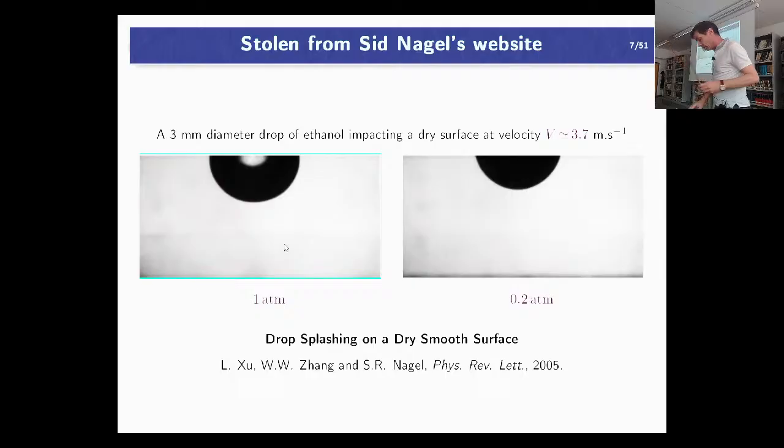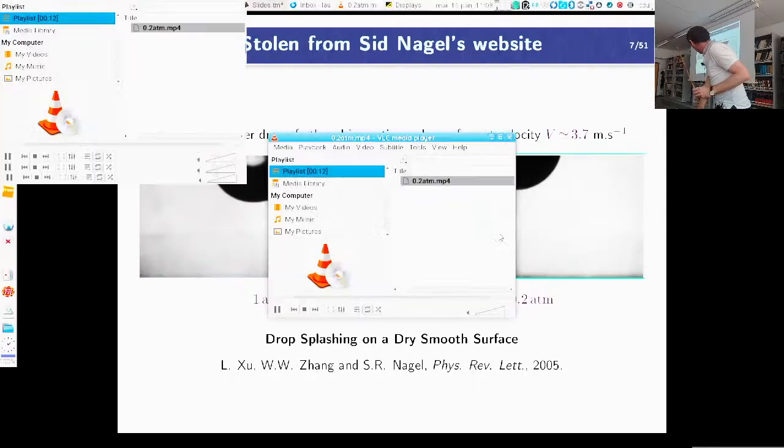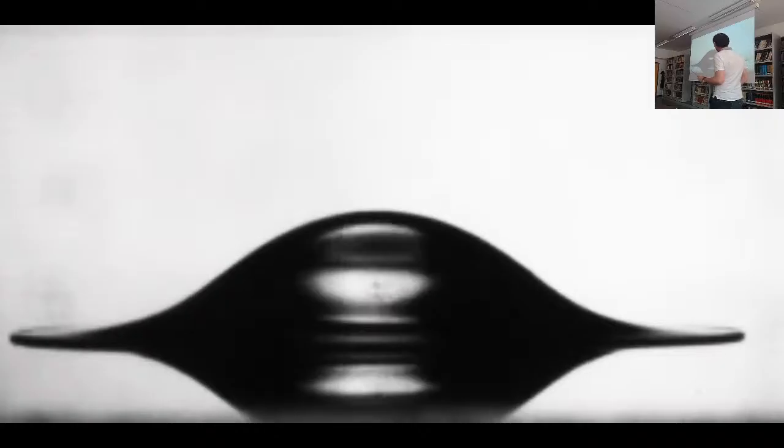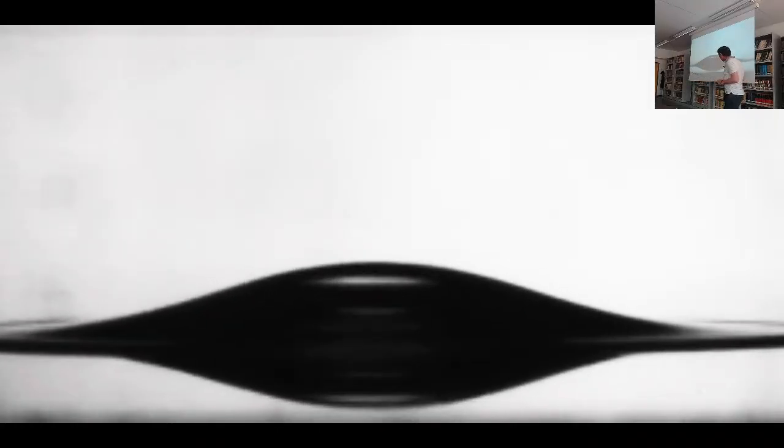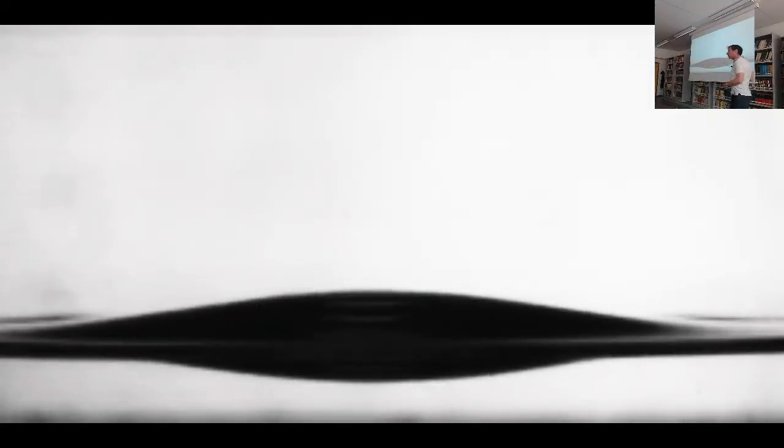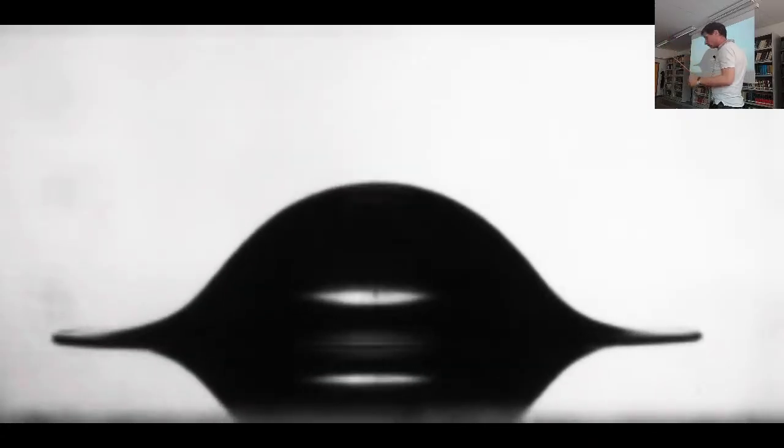And if you decrease the ambient pressure, which corresponds to the pictures I showed before, then the behavior is completely different. And so people started to wonder whether the gas film between the drop and the solid had some importance for the rise of the liquid corolla.